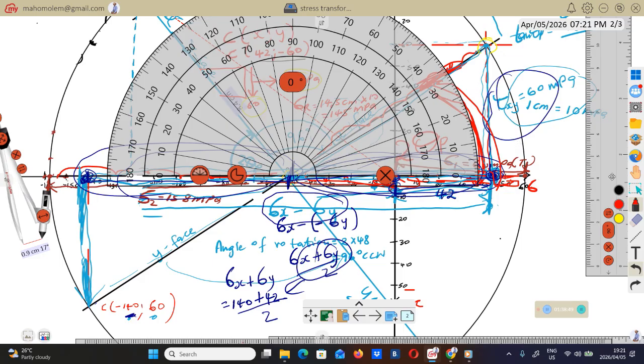Check this angle here. Just that now there are too many things here, but hopefully you will see. It's the wrong line.